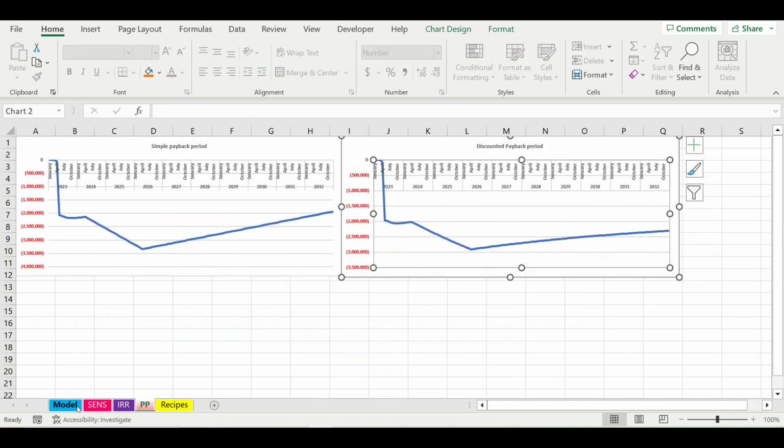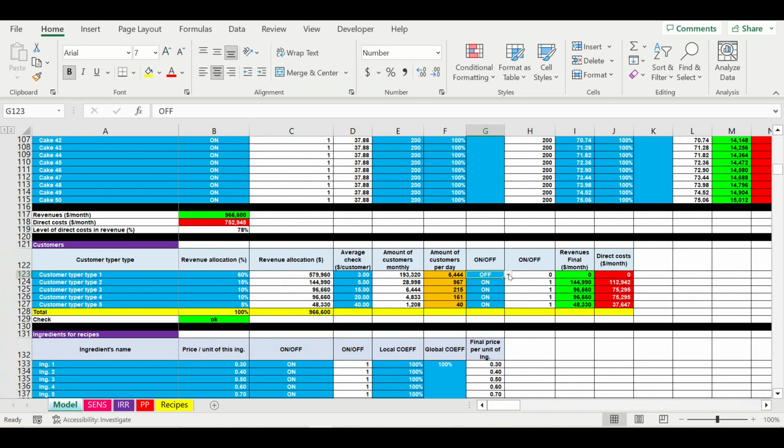If you create a flexible model, you will be able to play with scenarios very easily and very fast. You will be able to see the strengths and weaknesses of your business idea, and how stable it is. It is very important to have these on and off buttons, and to have global and local coefficients, because you are not playing with the inputs themselves, only with coefficients.